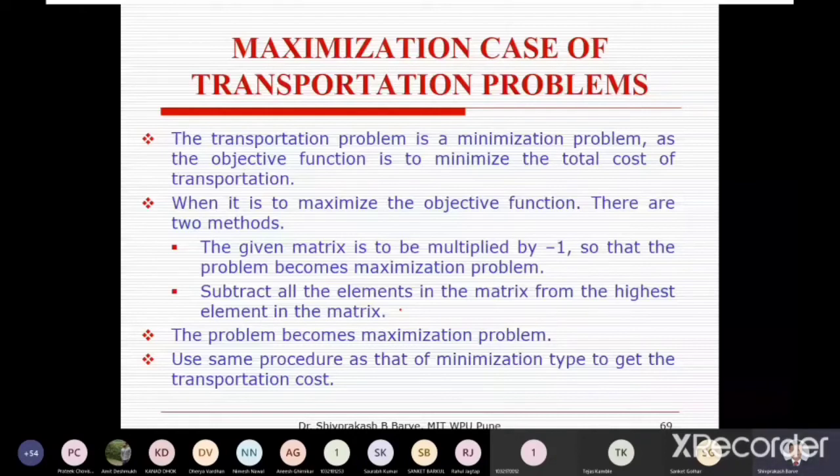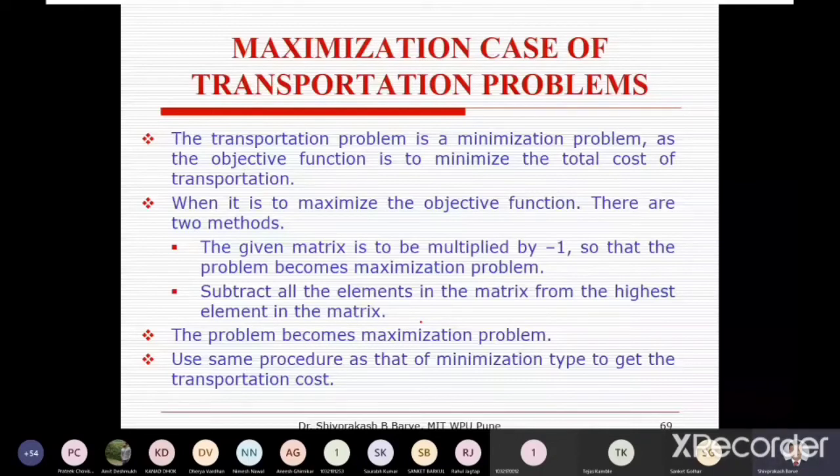When you are either multiplying each cell value by -1, or subtracting each cell value from the highest value in that matrix, you are converting the maximization type problem into a minimization type. And once it becomes a minimization type problem, you can solve it easily by using the transportation model method.